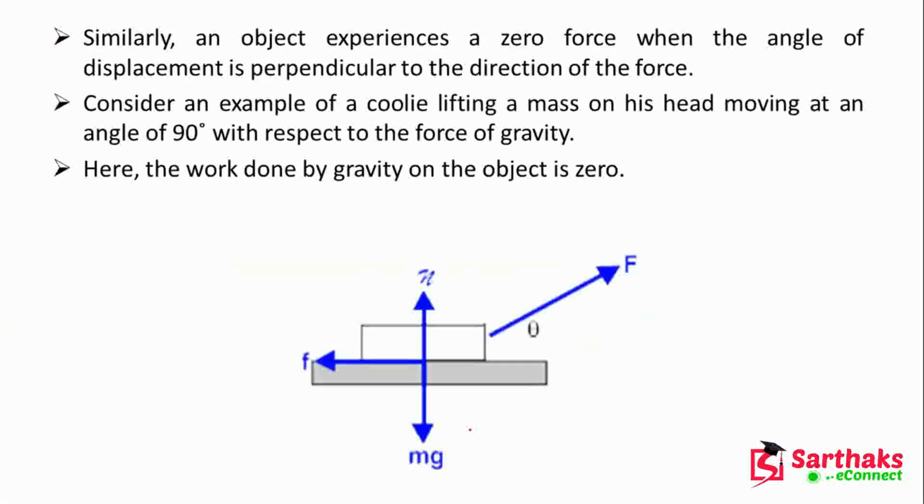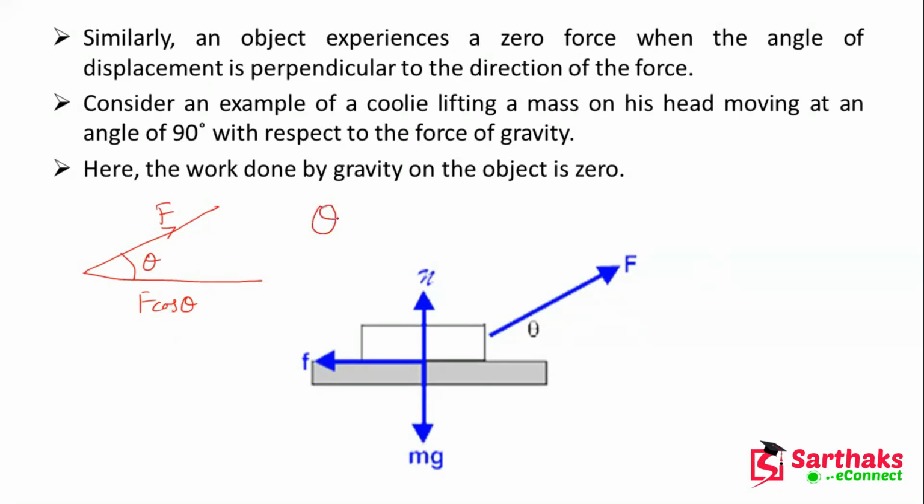Okay. Next. Now, the object experiences a zero force when the angle of displacement is perpendicular. What I have told, this is force and this is the horizontal, assume. As usual, I have drawn a horizontal line like this, and theta is the angle.